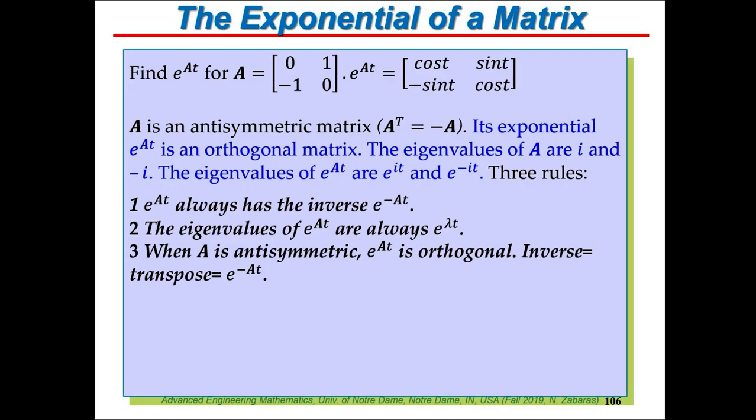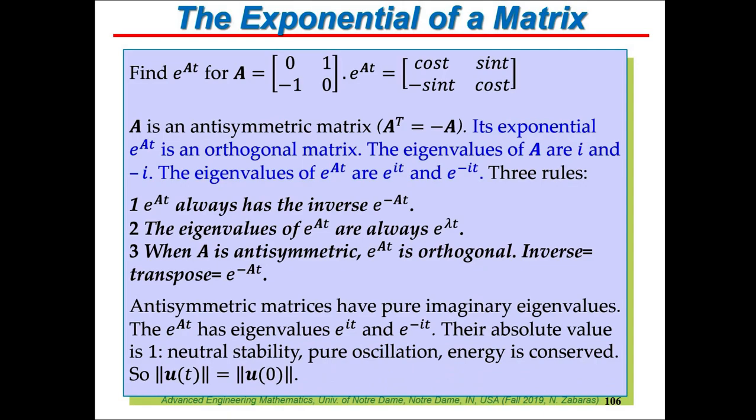So in this case, the matrix A has pure imaginary eigenvalues plus minus i, and the eigenvalues of e to the At are e to the it and e to the minus it, which have a constant magnitude equal to 1. So in this case, we have neutral stability, and pure oscillation with no dissipation of energy.